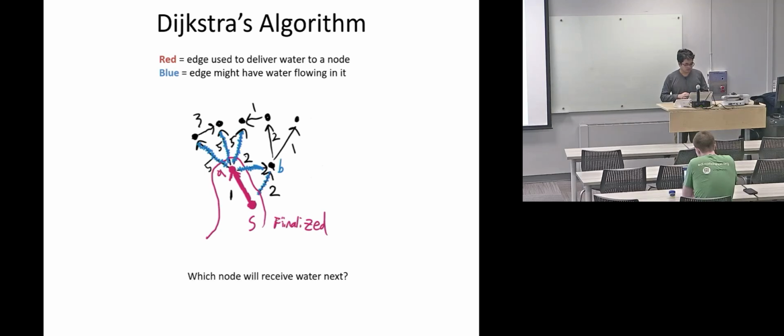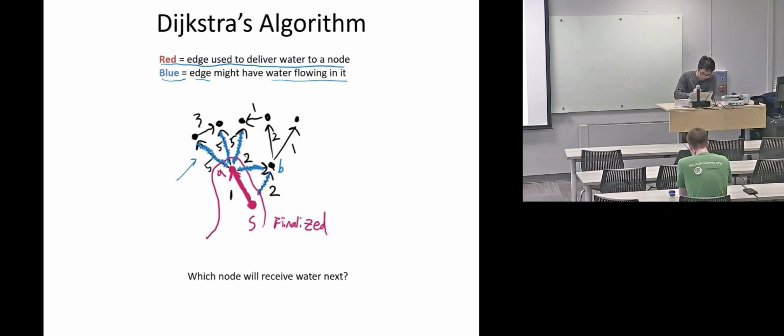Okay, now suppose that we try to discretize this continuous process. Suppose I set the red edges to be the edges used to deliver water to a node, like this one. This is the red one, and the blue one is an edge that might have water flowing in it.